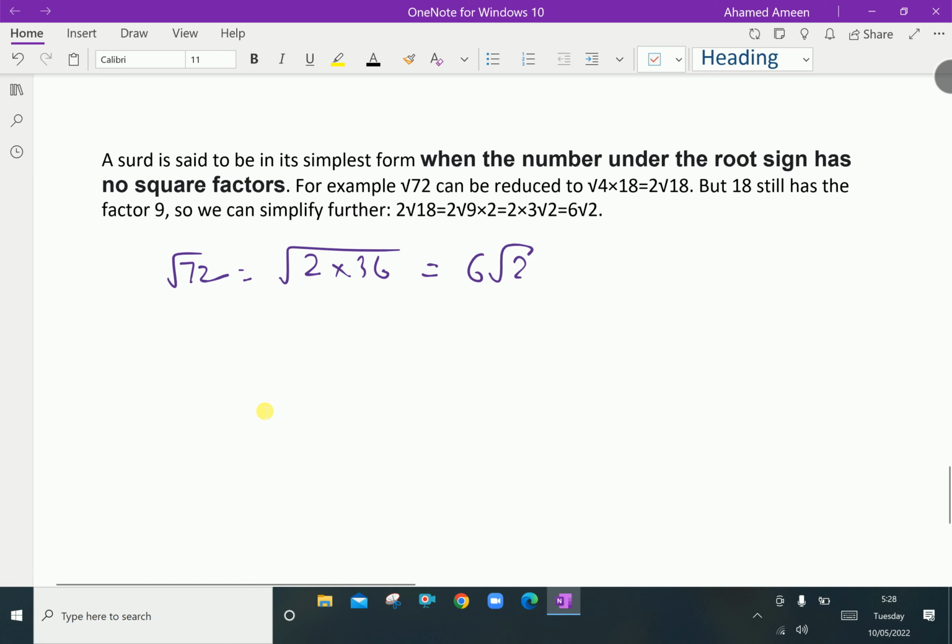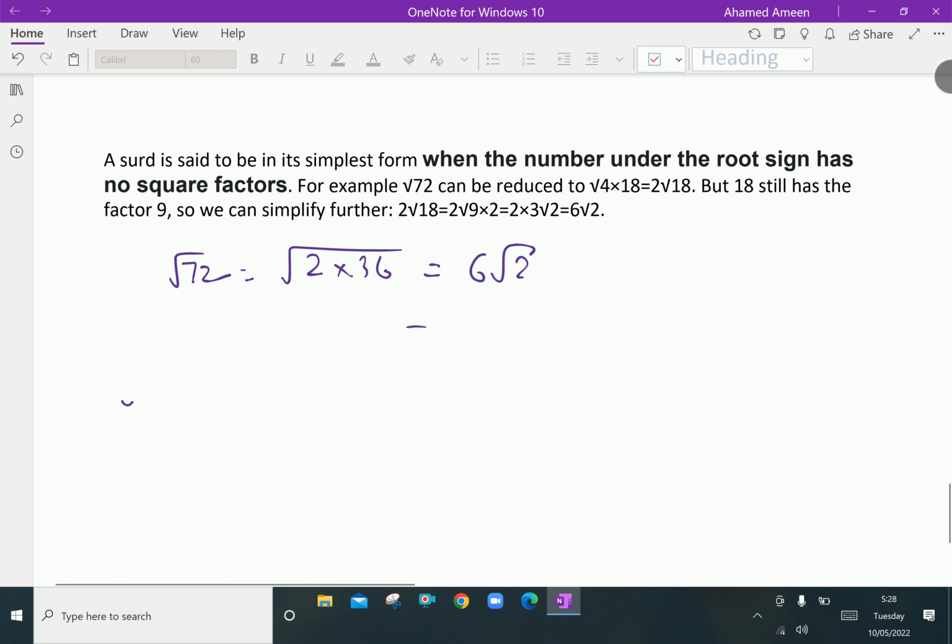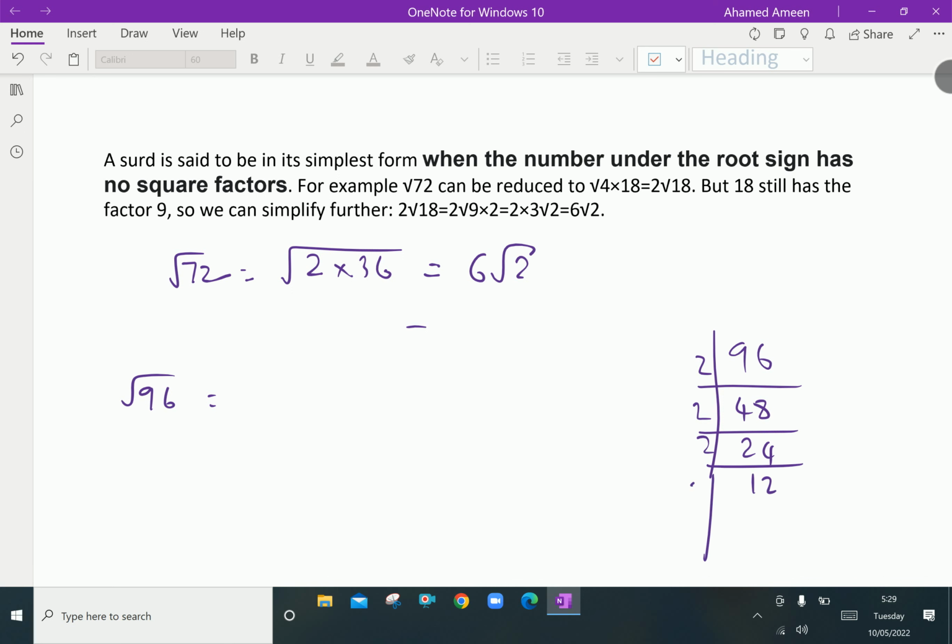Now, for example, check whether square root of 96 is a surd or not. Look here, square root of 96. 2 into 48, 2 into 24, 2 into 12, 2 into 6, 2 into 3, 3 into 1.